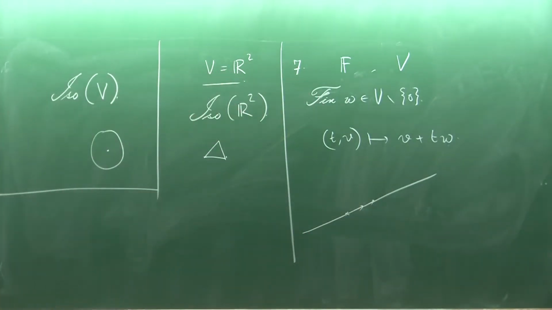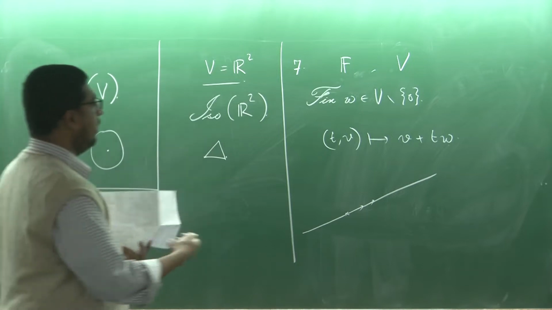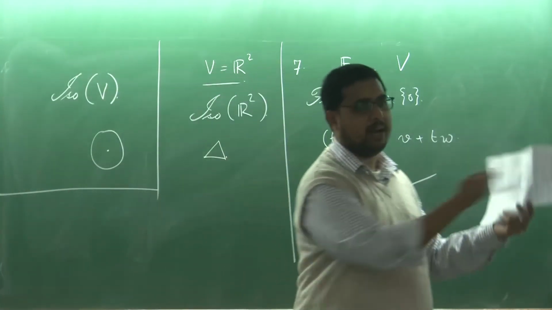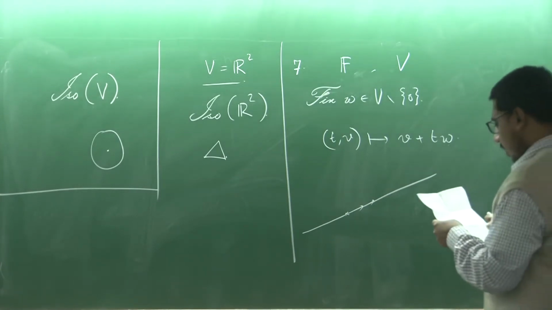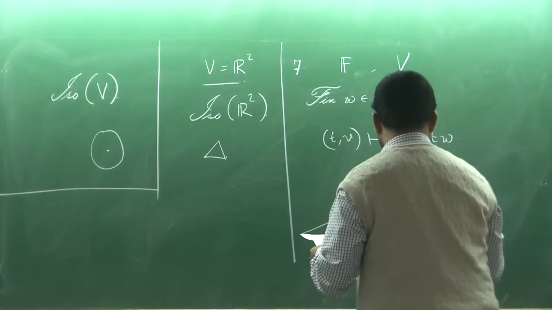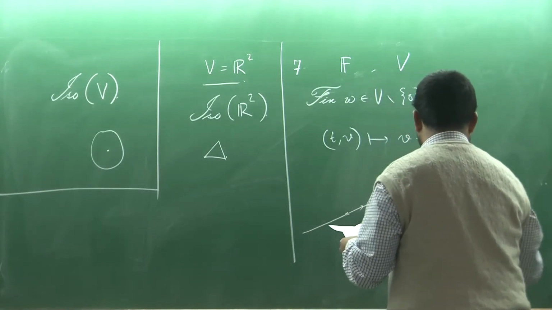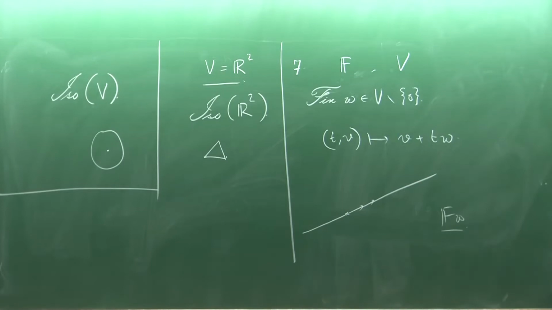Hence the orbits are the parallel lines in the direction w, or lines parallel to F w, the linear span of w.